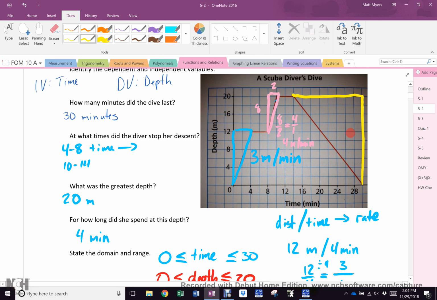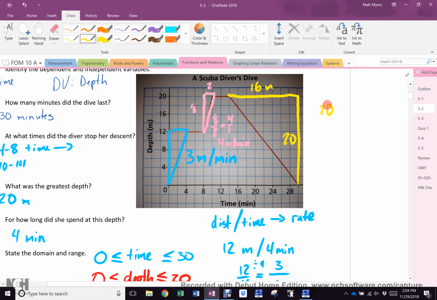Yeah? What's this part? She's going from the bottom of her dive back up to the boat. How far did she travel? 20. In how much time? 16 minutes, yes?